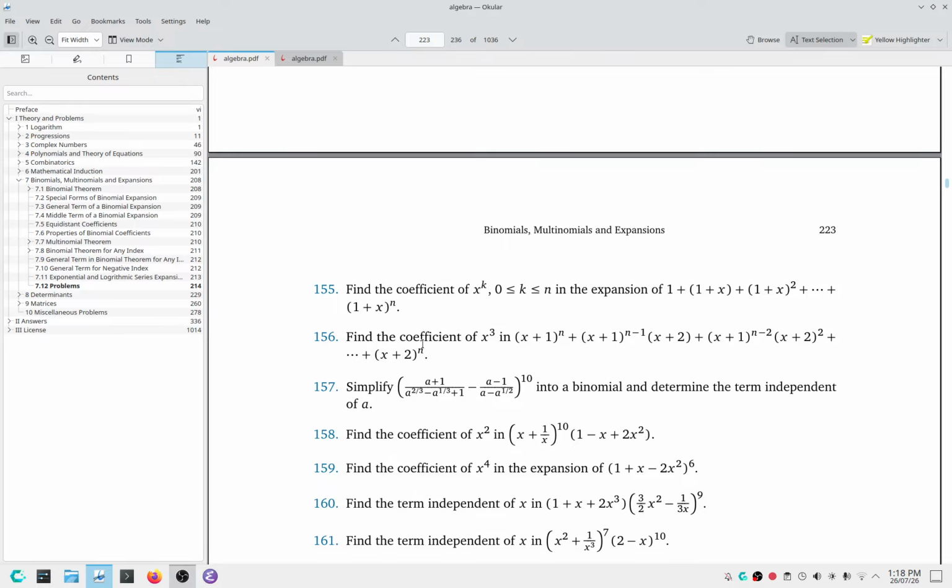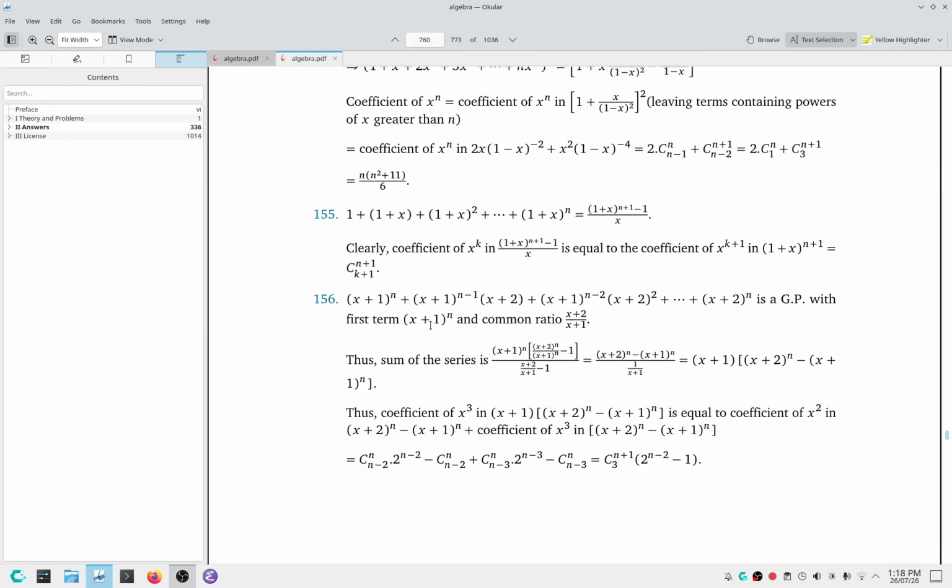Question 156 says: find the coefficient of x to the power 3 in (x plus 1) to the power n plus (x plus 1) to the power n minus 1 times (x plus 2) plus (x plus 1) to the power n minus 2 times (x plus 2) whole squared and so on up to (x plus 2) to the power n.